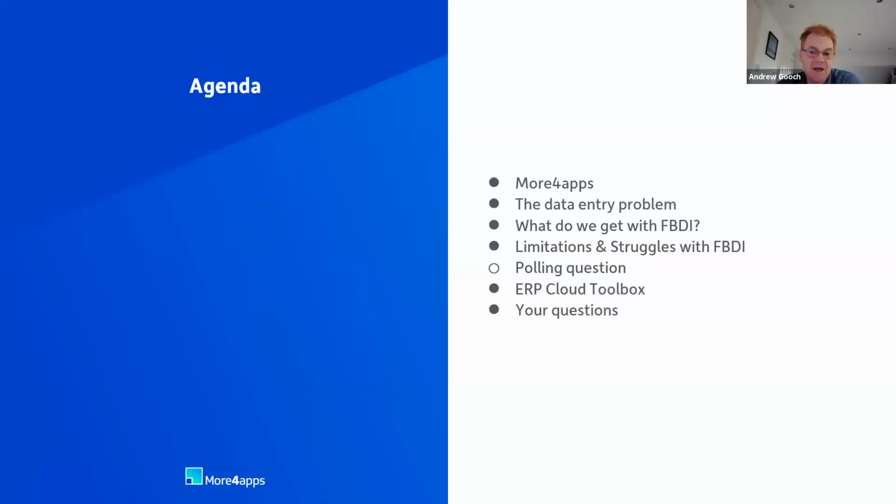After that, we'll take a look at the More4apps solutions, and I'll try to give you a sense of what they're all about. There should be time at the end for a Q&A session, so if you can save your questions for then, that should make things run a bit smoother. So let's get into it.